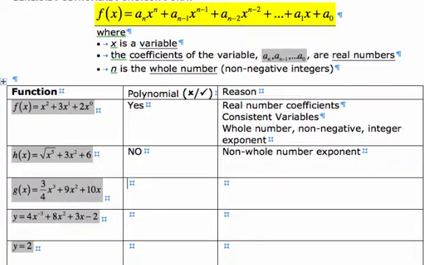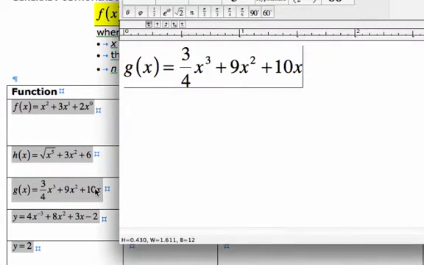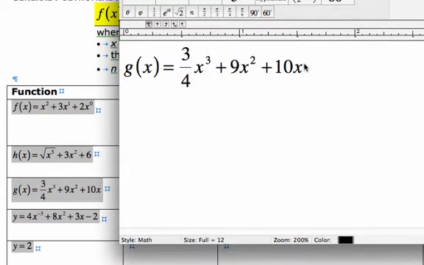g of x is equal to 3/4 x cubed plus 9x squared plus 10x. 10, real number; x, a consistent variable; exponent 1. 9, real number; x, consistent variable; exponent 2, a whole number. First term, 3/4 is a real number.